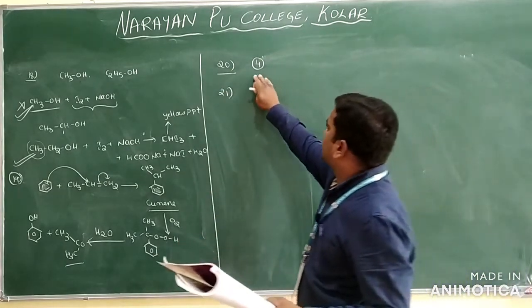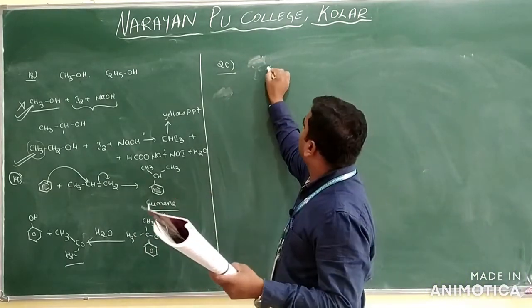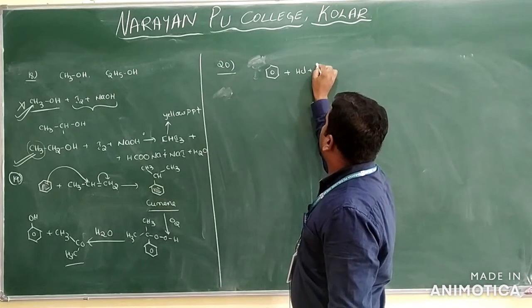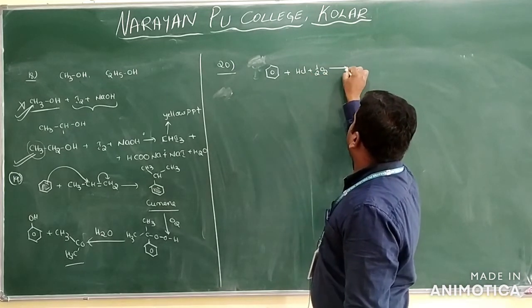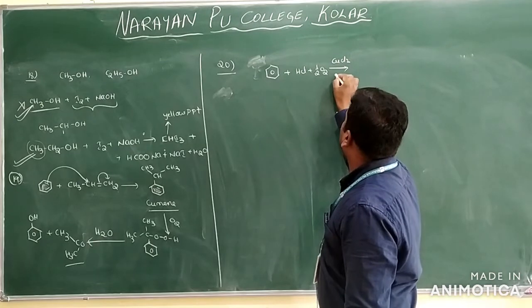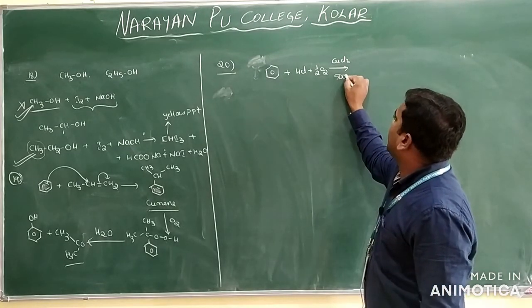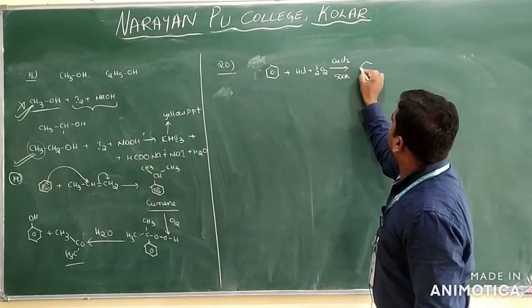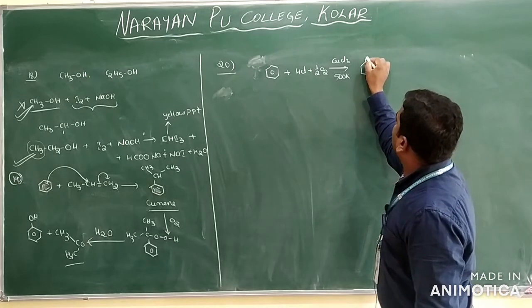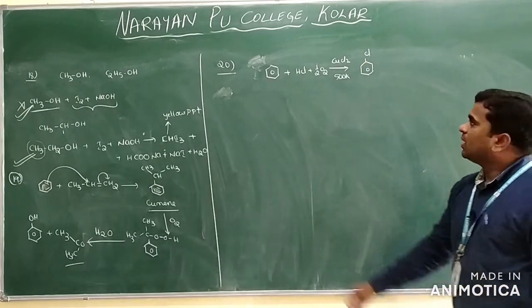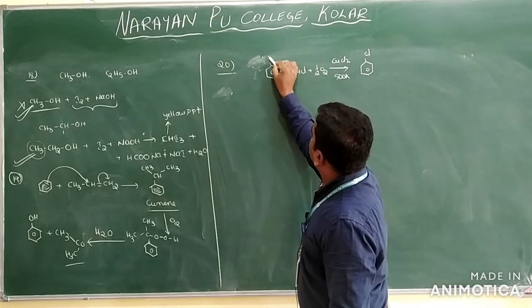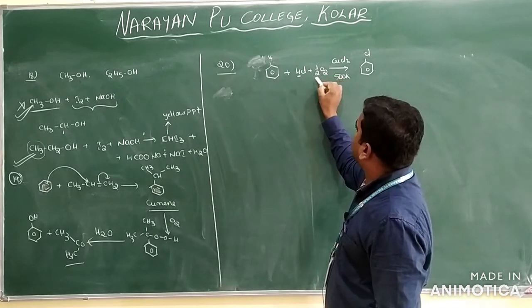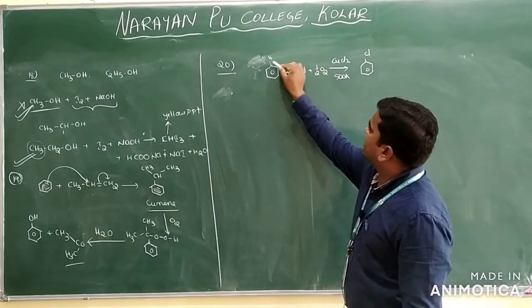What is the Raschig process? Benzene is treated with HCl plus O2 in the presence of CuCl2 at about 500 Kelvin. Then you will get chlorobenzene. Two hydrogens and one oxygen: the oxygen is removed as H2O and Cl is added here.